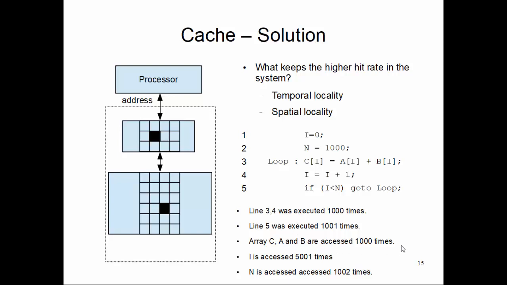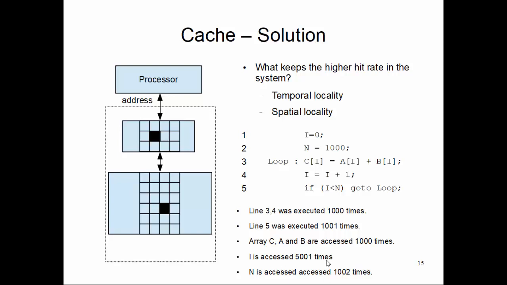Array C is more like spatial locality. We are accessing successive elements of the array, so we are covered by the spatial locality property that will keep my hit rate high.